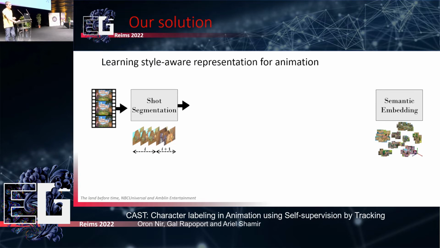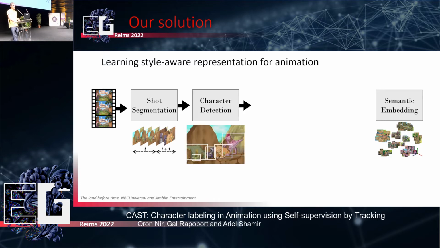We use shot segmentation on the video in order to find the exact frame in which each shot changes. We sample frames and apply an object detector that was trained to detect characters.